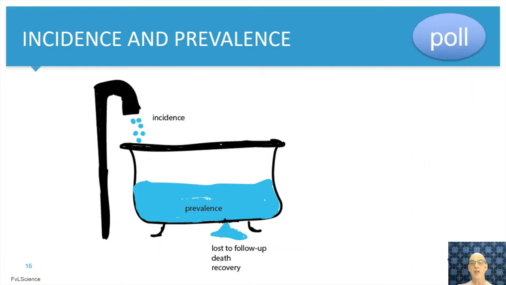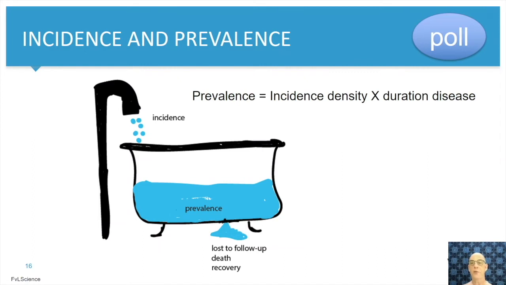So the relationship between incidence and prevalence is actually through the duration of disease. If the duration of disease is very long, the prevalence will increase when the incidence increases.